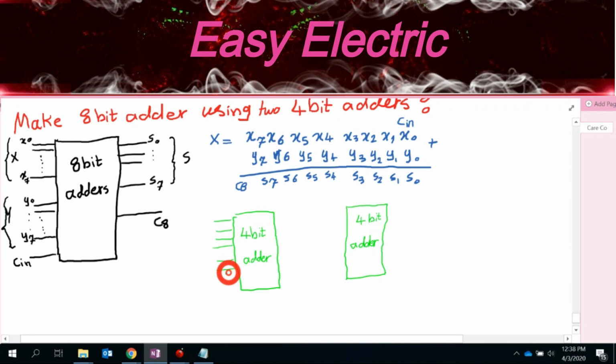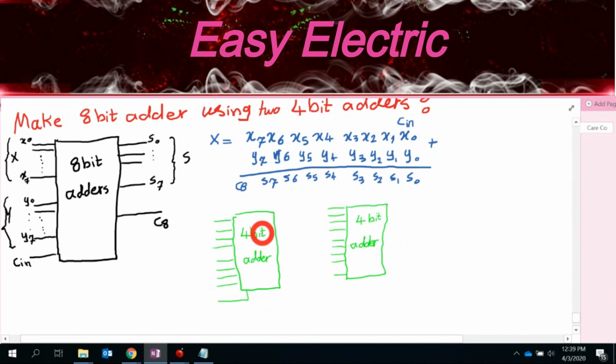You have another 1, 2, 3, 4, and you have one C in, right? So the same thing for this. You have 1, 2, 3, 4. You have 1, 2, 3, 4. You have one carry in, which is here. So then you also have 4 outputs, right? So I actually draw them later, okay?